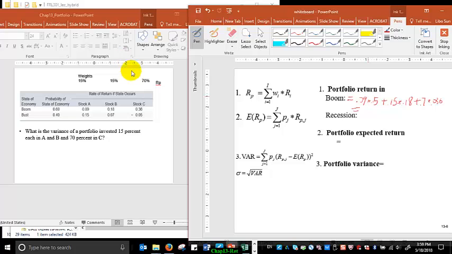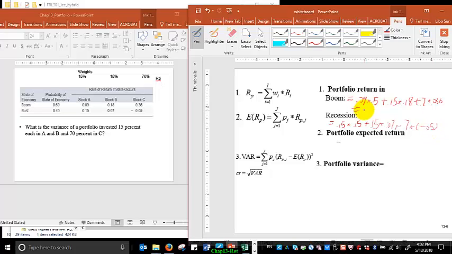Then we move on to recession. Similarly, we multiply weights by the returns. So we have 15% times 15%, plus 15% times 7%, 70% times negative 5%. We found the portfolio return in the boom is 0.2925 and in the recession is negative 0.0020.